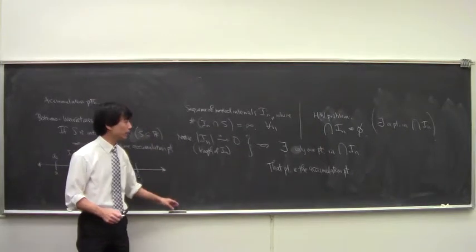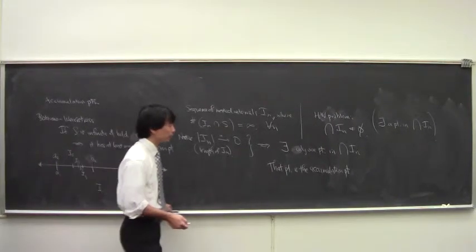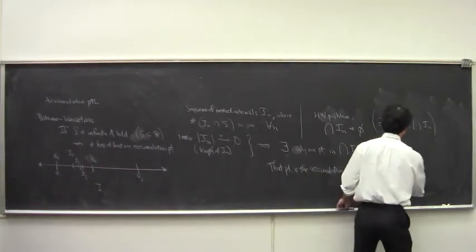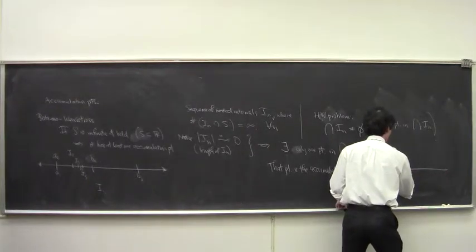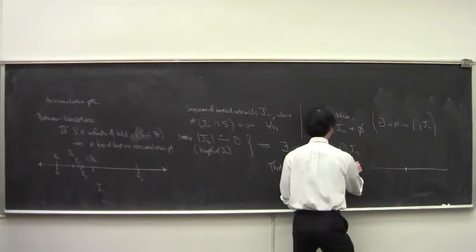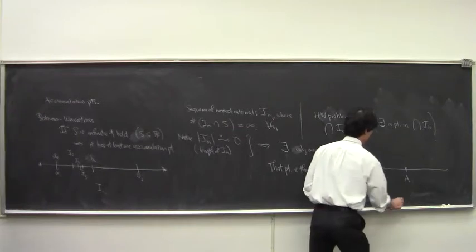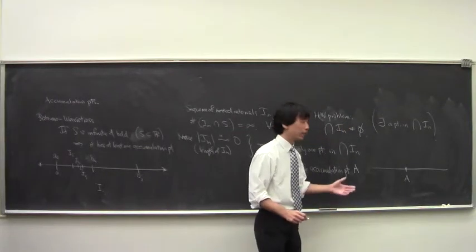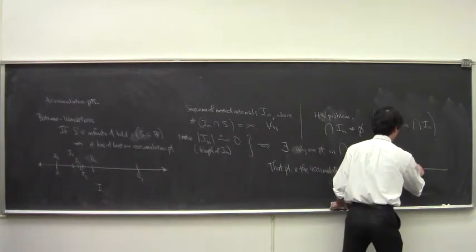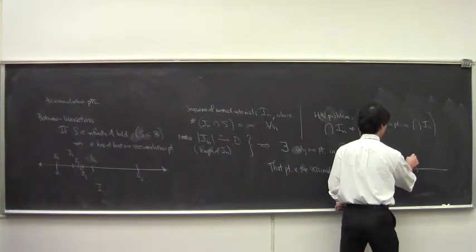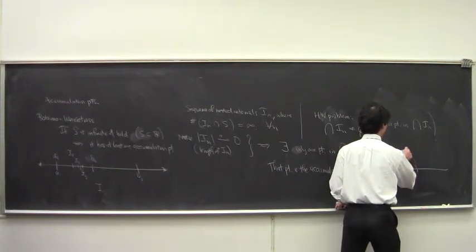Okay. Now that needs to be proven, right? But it's not difficult. You say, well, look, if this is my accumulation point, let's call it A. If this is my accumulation point A, and I take any epsilon interval around it, so here's my epsilon neighborhood.